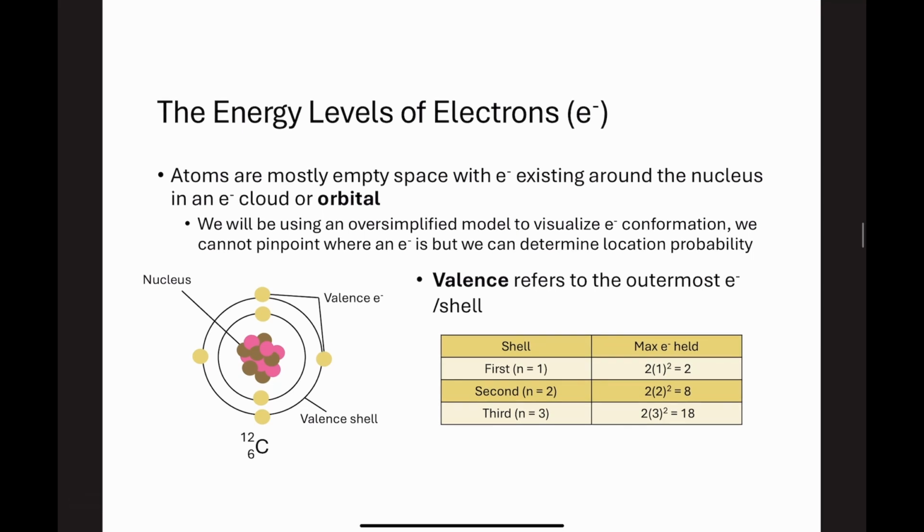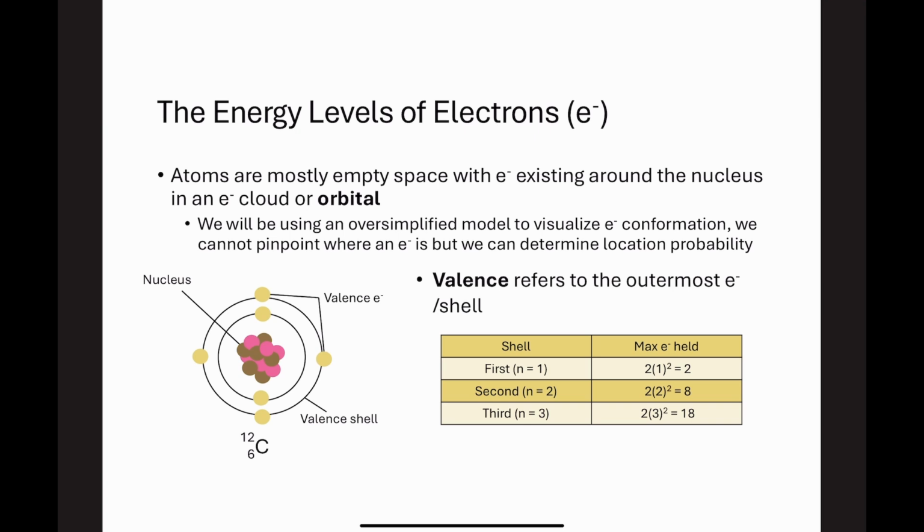Now we're going to get into more detail on the idea of energy levels of electrons. Like I said before, electrons float around the nucleus of an atom in a cloud, and that cloud can also be referred to as a shell. We can think of every single shell as an energy level.